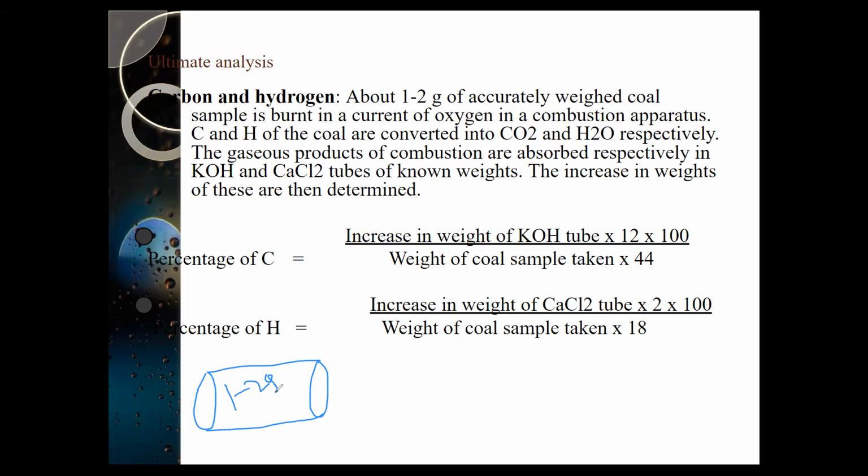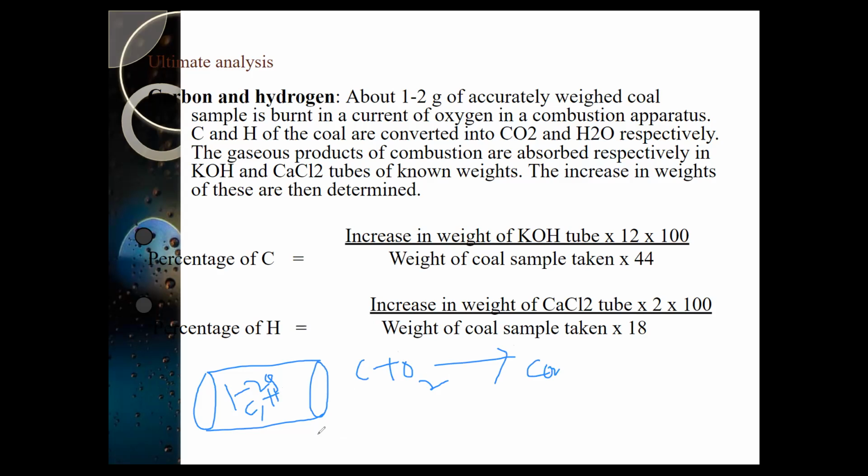So what is meant by combustion? Combustion is nothing but burning in the presence of oxygen. So here carbon and hydrogen have more combustion capacity. So immediately carbon and hydrogen undergo combustion. When carbon burns with oxygen, what we will get? We will get carbon dioxide.